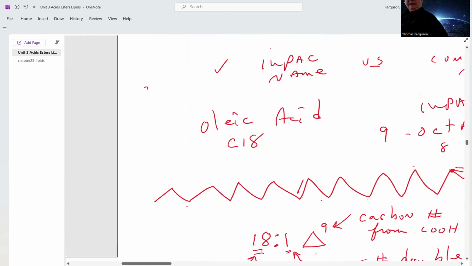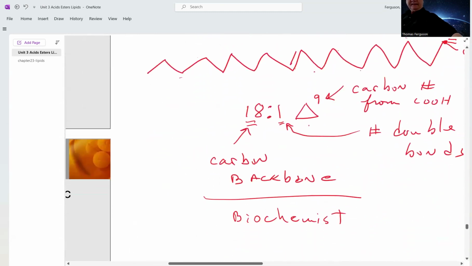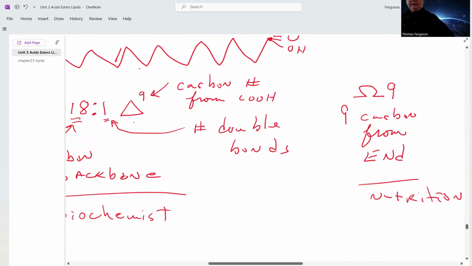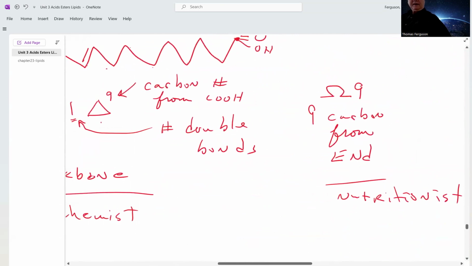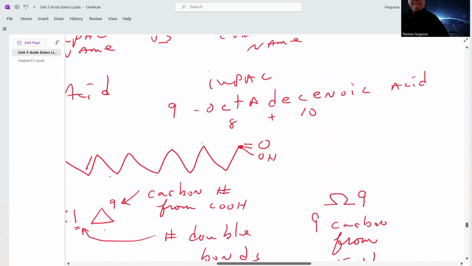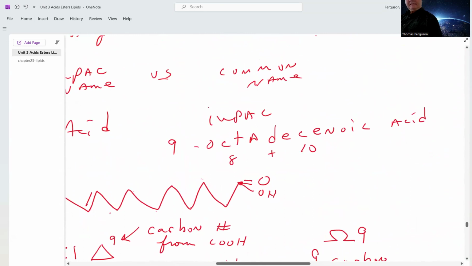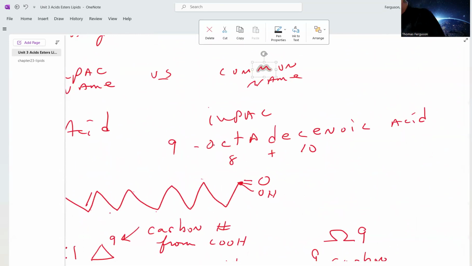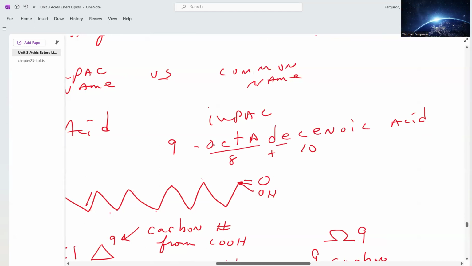Now, the other thing is there's a common name and then there's an IUPAC name. The IUPAC name is going to be a combination of two parts. They're going to have a deci in there if it's below 20.